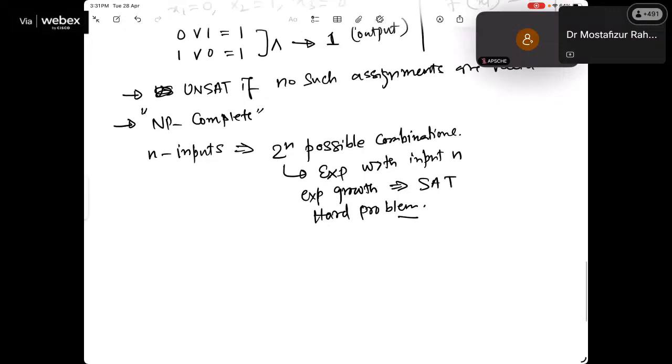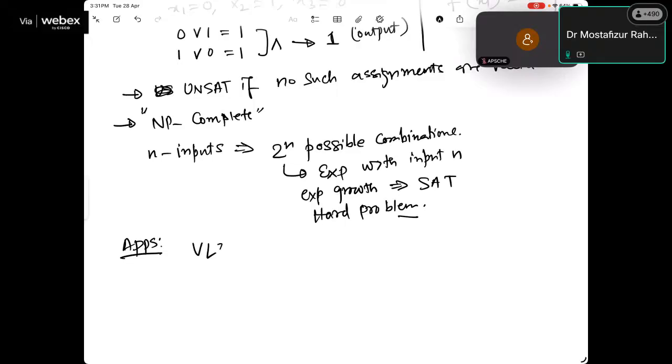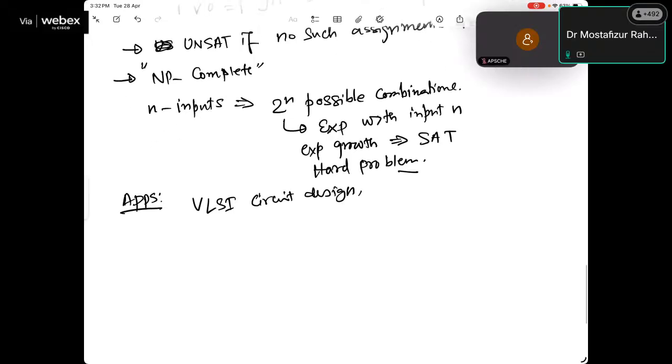It has a lot of applications actually. The satisfiability problem is used widely in VLSI circuit design, to verify whether certain logics are possible or not using a particular VLSI circuit.